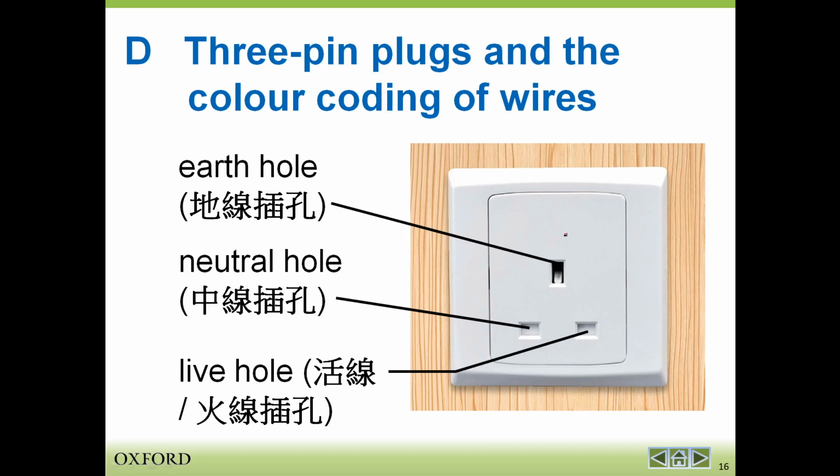This is the earth hole. The left side is the neutral hole and the right side is the live hole. For these three holes, the earth hole connects the earth wire, neutral connects the neutral wire, and the live hole connects the live wire.